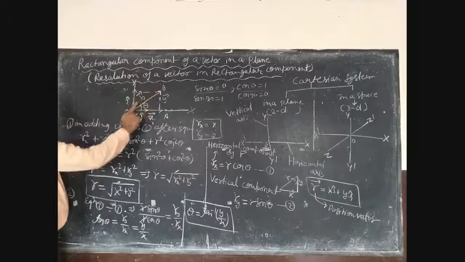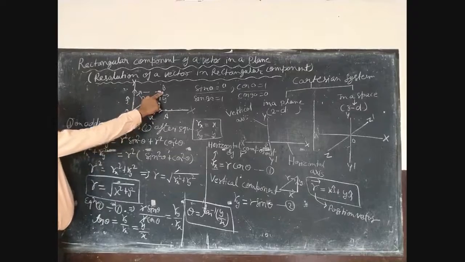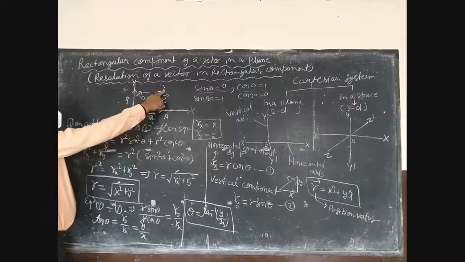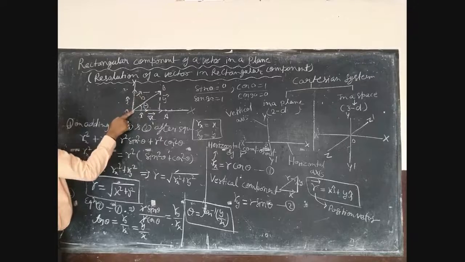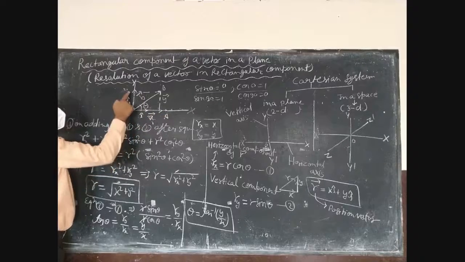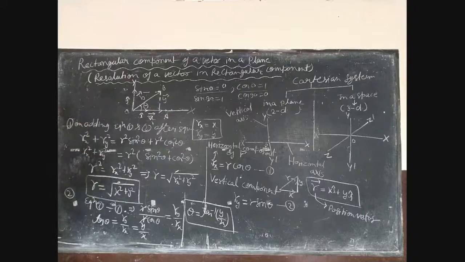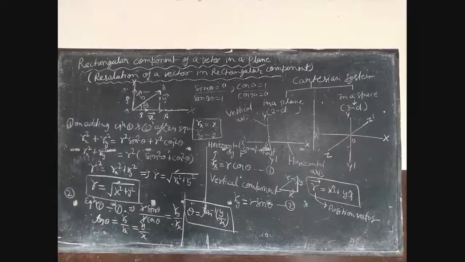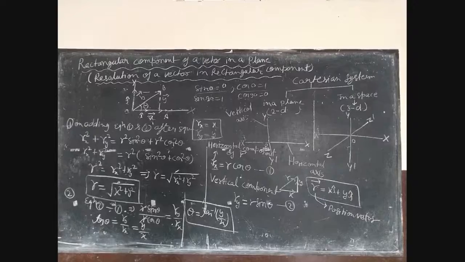Here we have vector OB, and we want to split it along the x-axis and along the y-axis, normal to each other. Then the component vectors are called rectangular components of the vector.